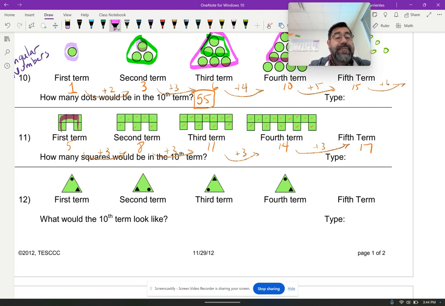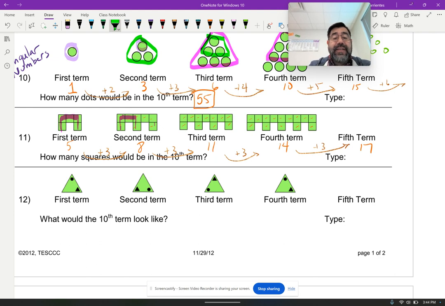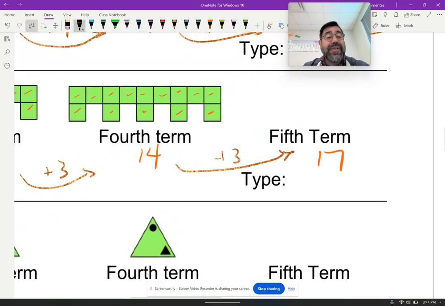This is the first term. The second term is just whatever the first term is with 3 more boxes, right? And the third term is just whatever the second term is with 3 more boxes. So it's always the previous shape plus 3 more boxes.